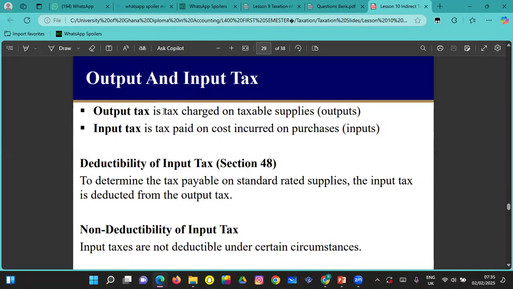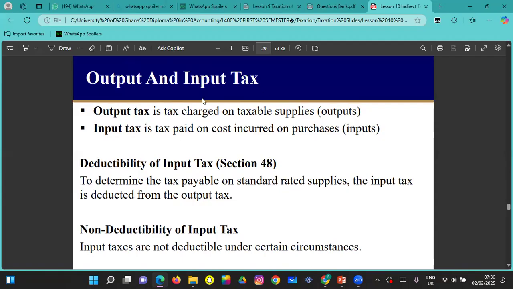Output VAT is charged on taxable supplies. So you bought some goods, or you've manufactured some goods and you are trying to sell them. That's where you are going to charge your output VAT.